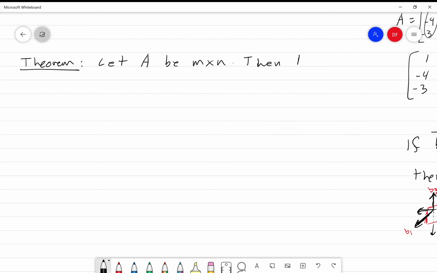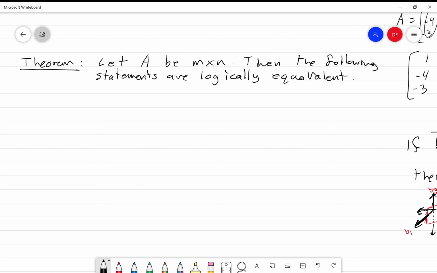Then the following statements are logically equivalent. Logically equivalent means if one is false, all of them are false. If one is true, all of them are true. Okay?